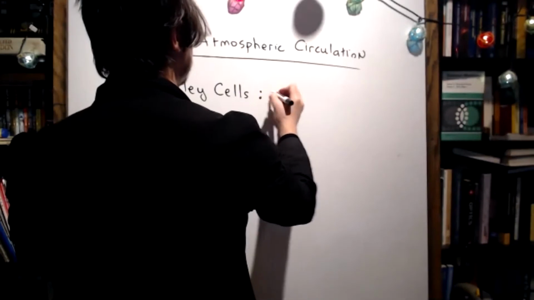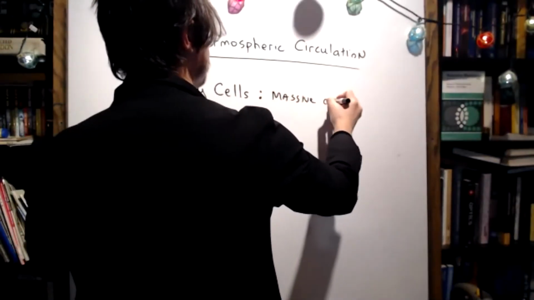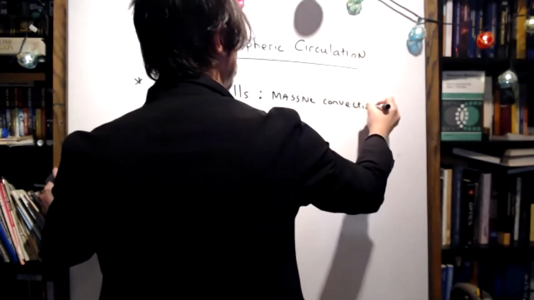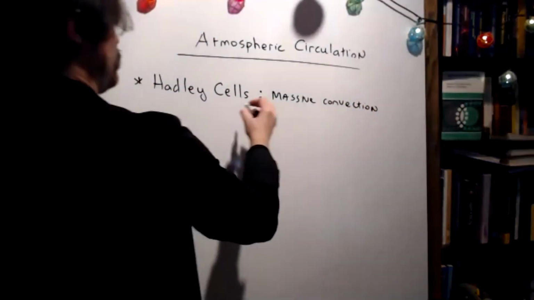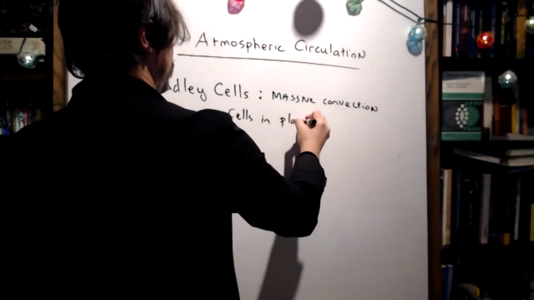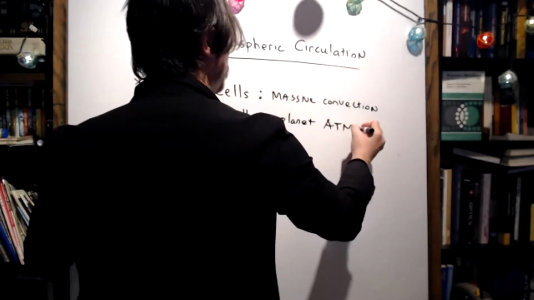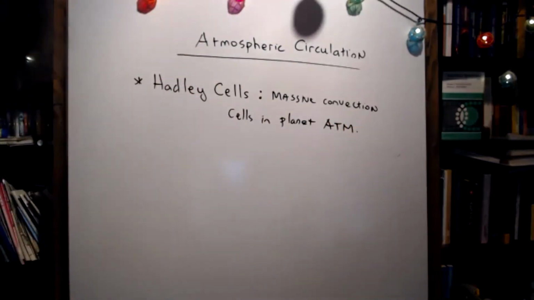So Hadley cells are massive convection cells in a planet atmosphere. I'm going to use ATM for atmosphere to save some time.